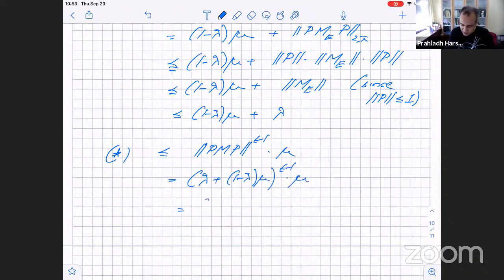This quantity here is the same as mu plus lambda 1 minus mu.